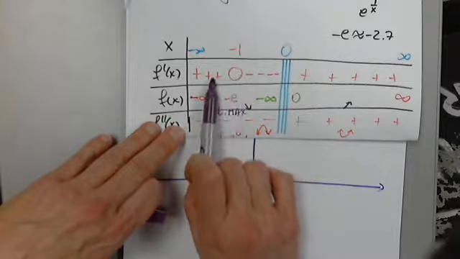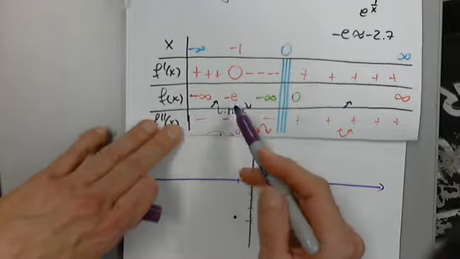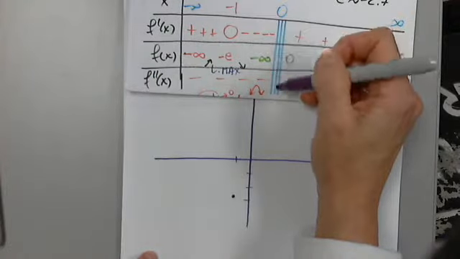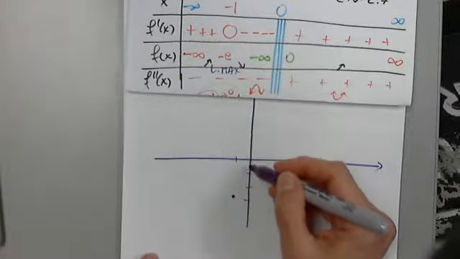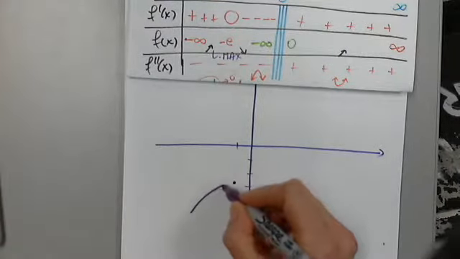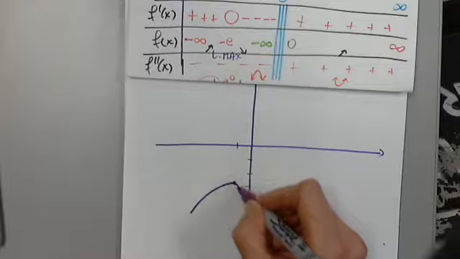So the sign changes from positive to negative. Then x equals 0 is a vertical asymptote. I did not reinforce that because I already have the y-axis. So the function does this.